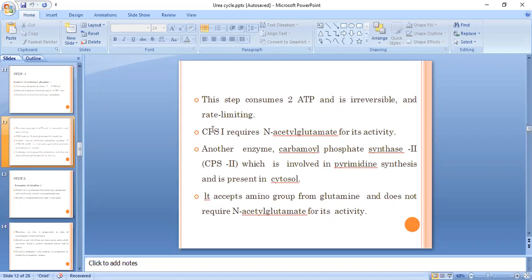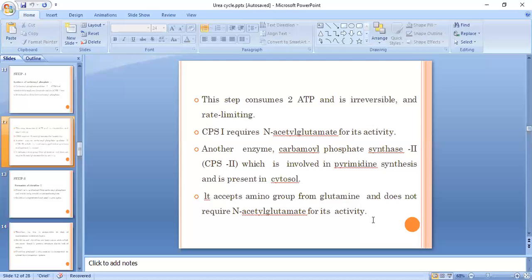Another enzyme is known as carbamyl phosphate synthase 2, CPS2. This is mainly involved in pyrimidine synthesis, and it occurs in the cytosol. This CPS2 will accept one amino group from the glutamine, and it does not require N-acetyl glutamate, which can be simply given as NAG, for its activity.